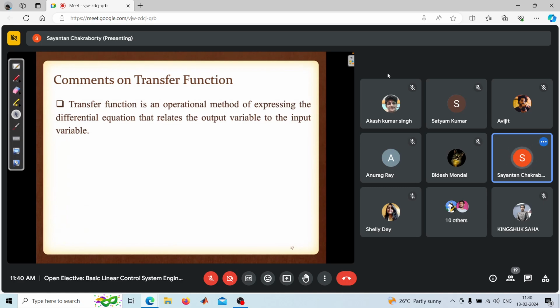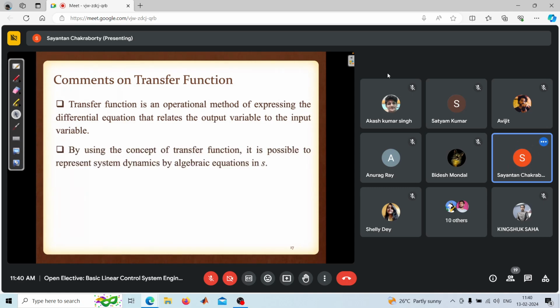It expresses the differential equation in the Laplace domain, or S domain. By transforming the differential equation into the S domain via Laplace transform, it converts a differential or integro-differential equation into an algebraic equation, which can be easily solved or manipulated to obtain the expression for the output in the S domain.